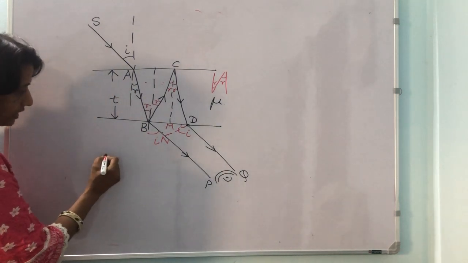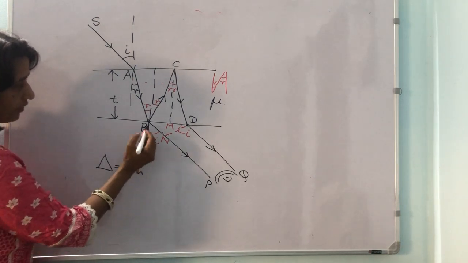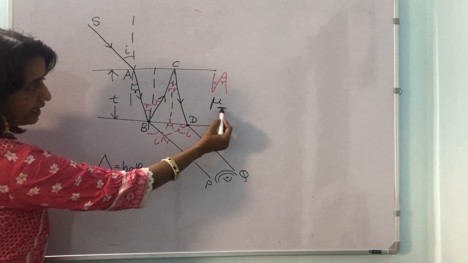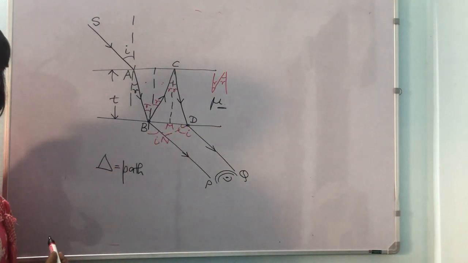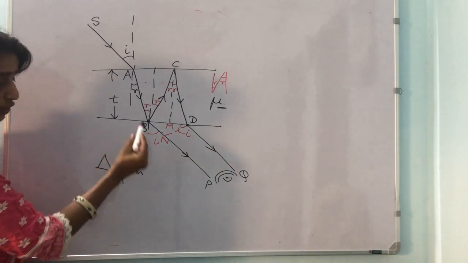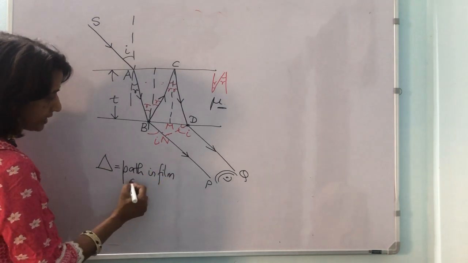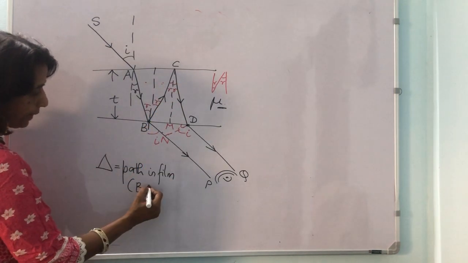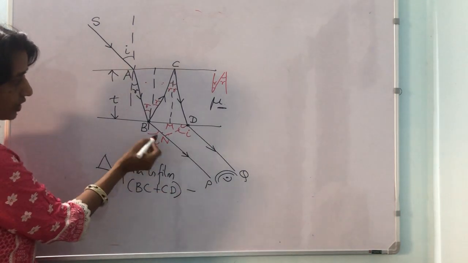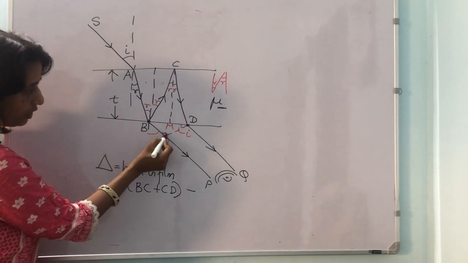So, path difference is equal to path travelled BC plus CD inside the media of refractive index mu. We begin from B because it is a coherent source. So, path in film is BC plus CD minus how much has it travelled in air? Here BN, the perpendicular which has been dropped.